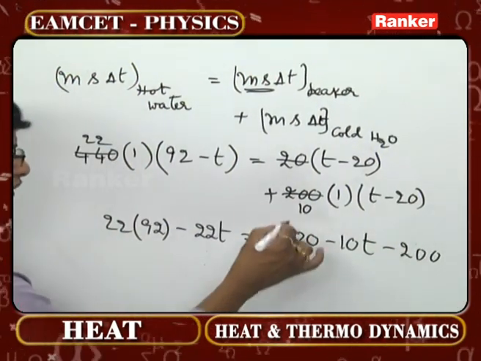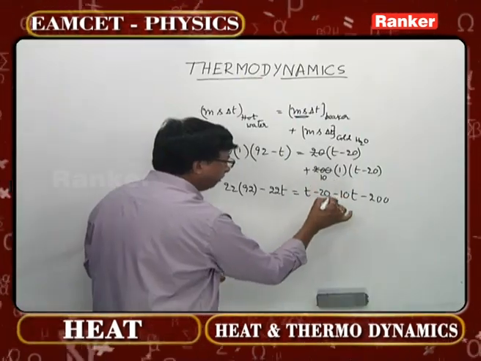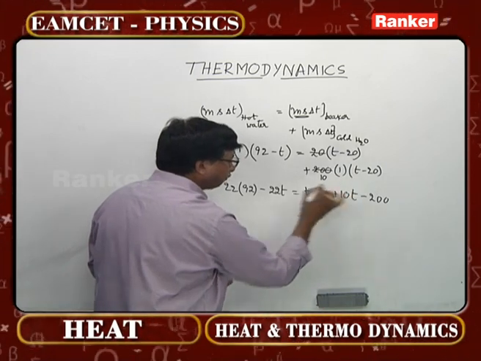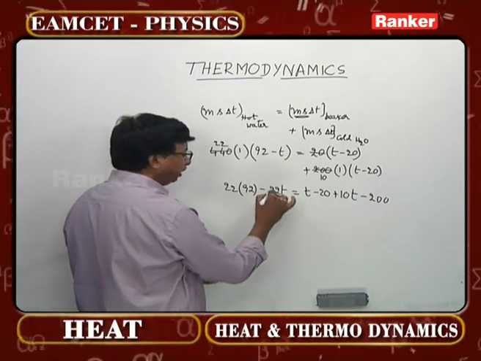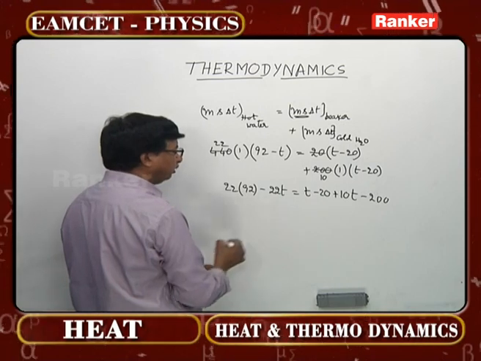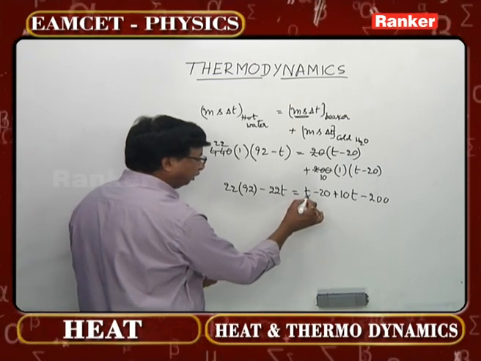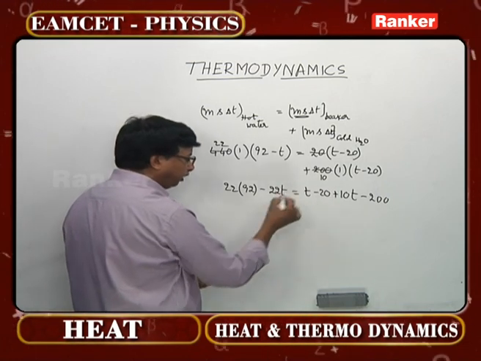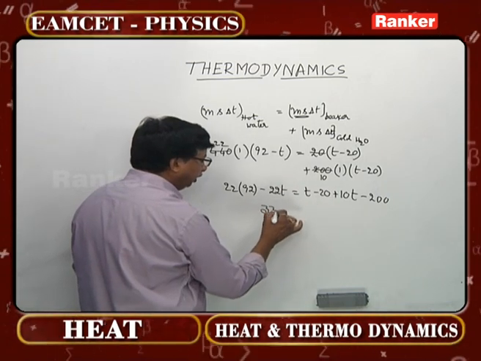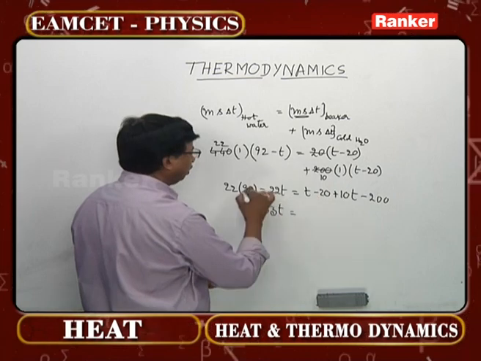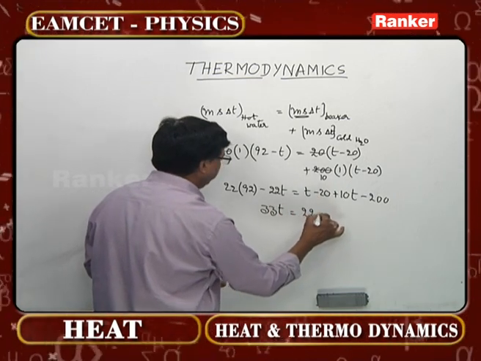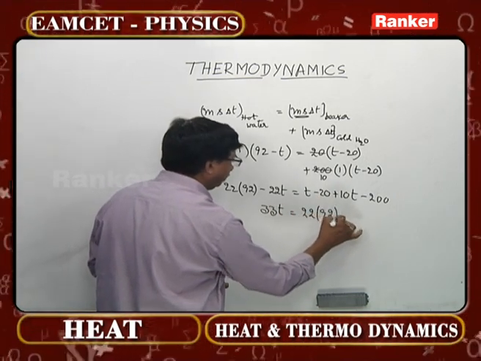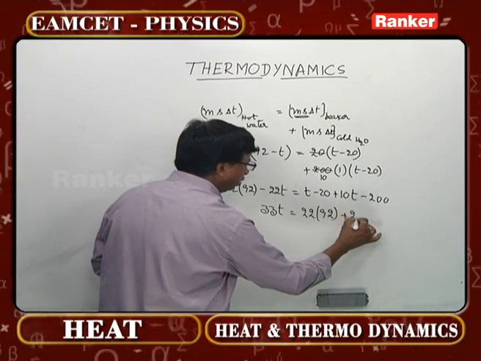That of course you can understand. So if it goes over to the other side, 10 plus 1, 11T here, 11 plus 22, it is now 33T is equal to how much? 22 into 92, plus 220.